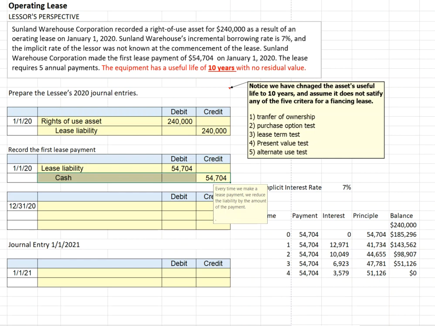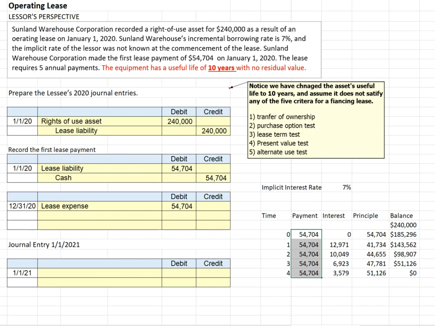On December 31st, a year has gone by. We need to record lease expense. The lease expense will always equal the lease payment. So every year over the 5-year term of this operating lease, we will record $54,704 in lease expense.